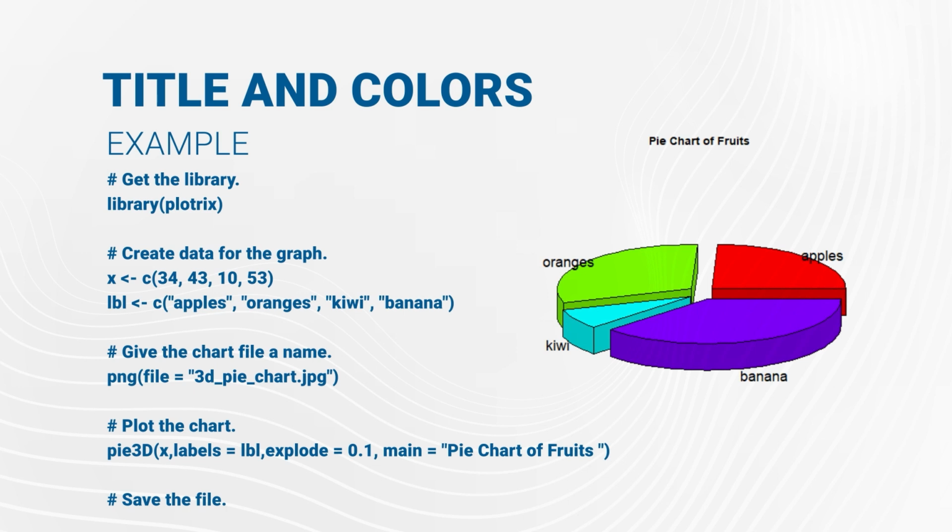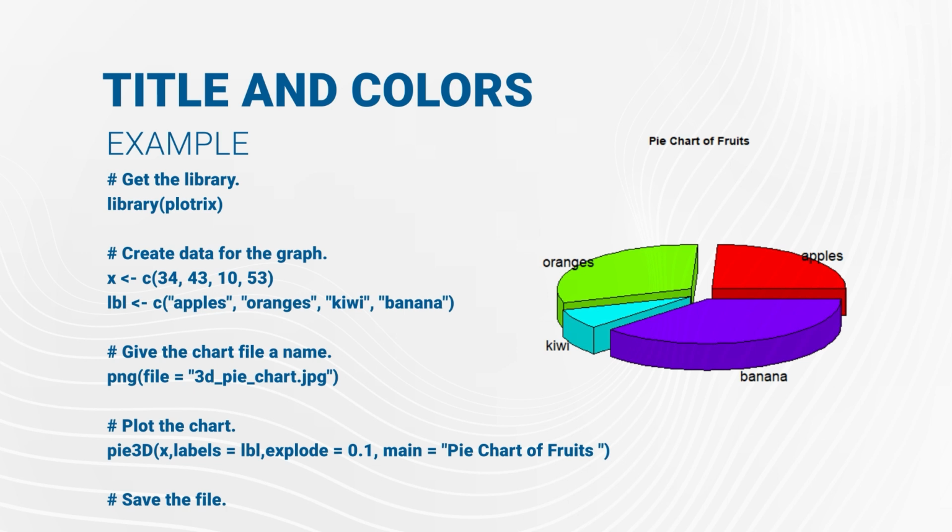So now everything is very similar, the code is very similar. You just have to write x, which is a vector, and then the labels are very similar, like apples, oranges, kiwis and bananas. The example is the same. So for the PNG file, you are just naming the file, and then the only thing that will change is plot 3D, pie3D. In the previous one we used to write only pie.